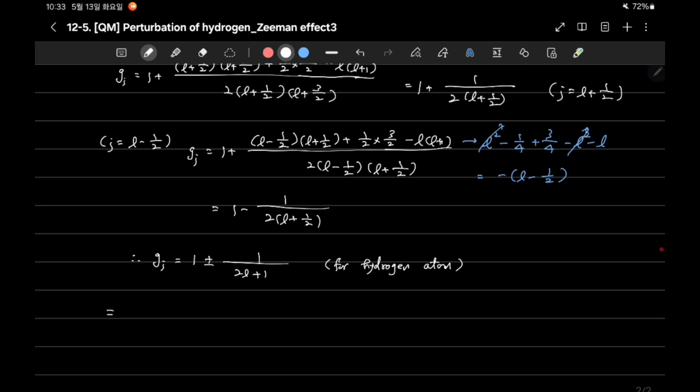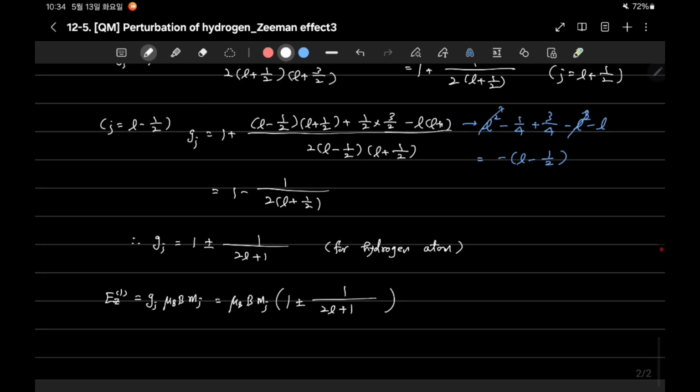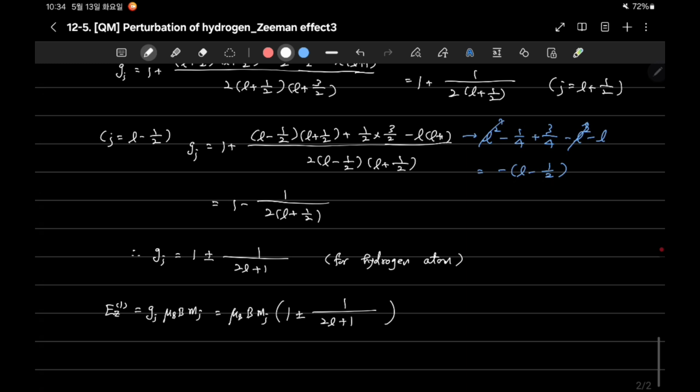And we already calculated for the Zeeman energy that the first-order perturbation is g_J μ_B B m_J. So g_J is calculated like this, and this is the final value of the perturbation of the Zeeman energy.